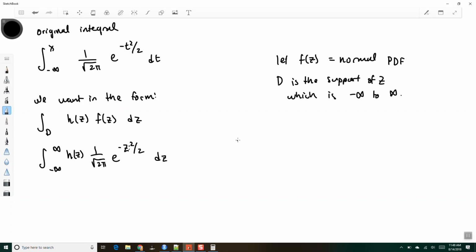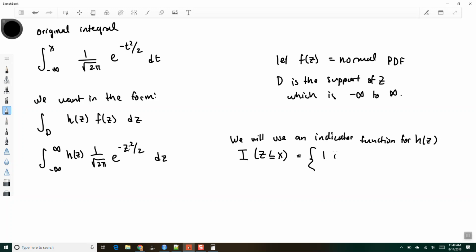Okay, so this is what we currently have, and we want to get this to be the equivalent. So what we're going to do is use an indicator function for h of z. And this will be the indicator that z is less than or equal to x, which will be 1 if z is less than x, and 0 if z is greater than x.